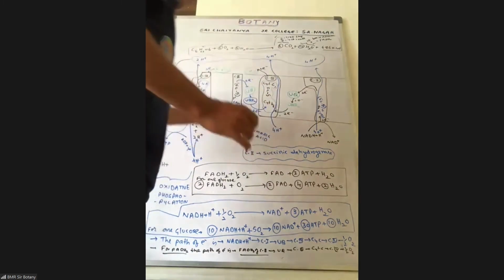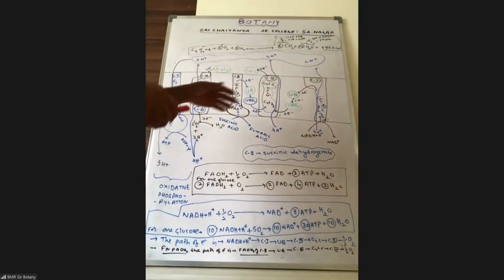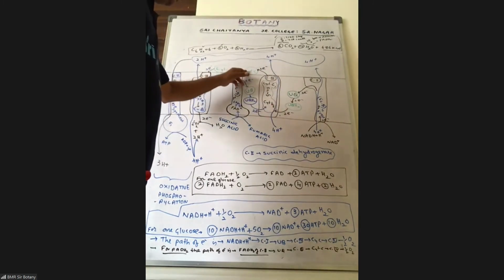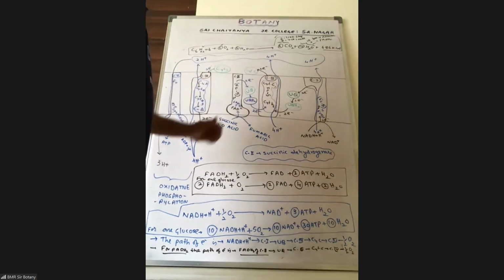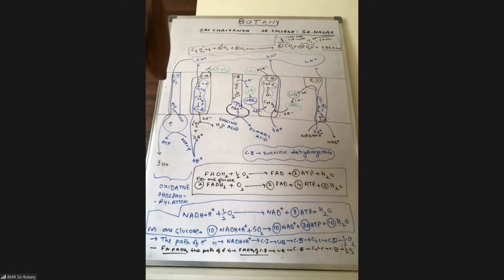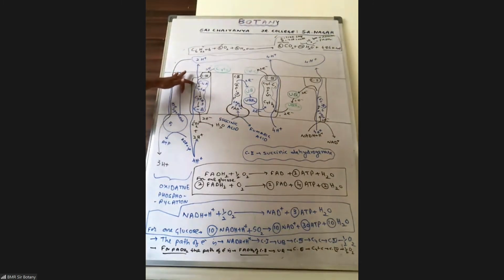So I can call complex 3 as ubiquinone cytochrome C oxidoreductase. Then, if I call complex 4 as cytochrome C oxidase, am I right? Yes, sir.